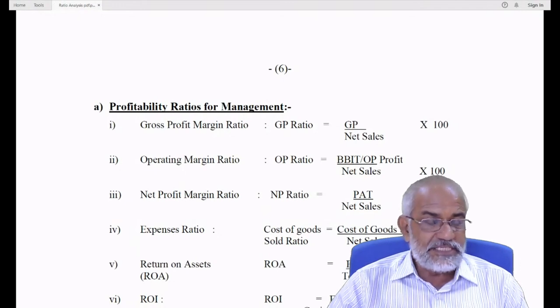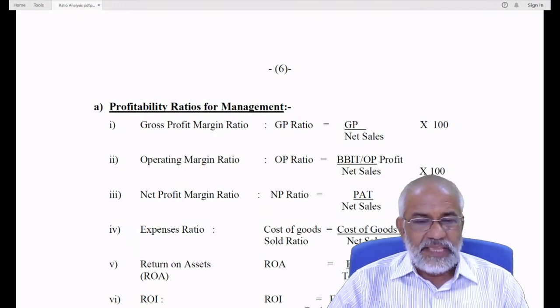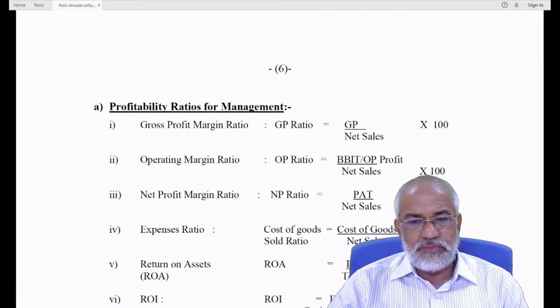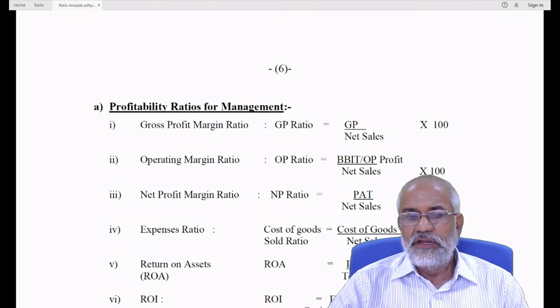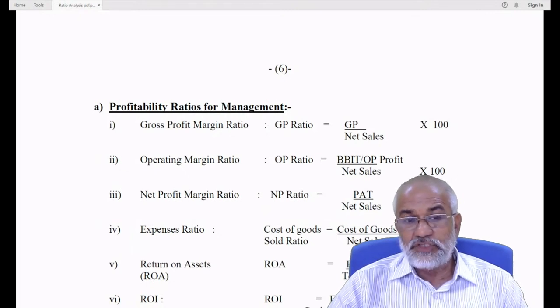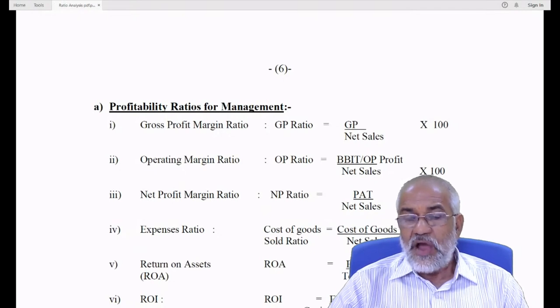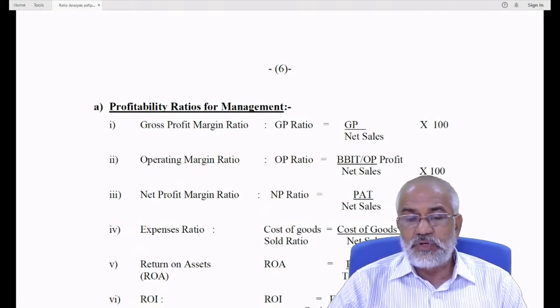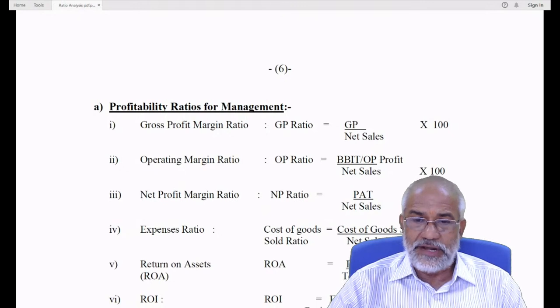Then the expenses ratio. The expenses ratio is otherwise called the cost of goods sold ratio. How is it calculated? Cost of goods sold divided by net sales into 100.